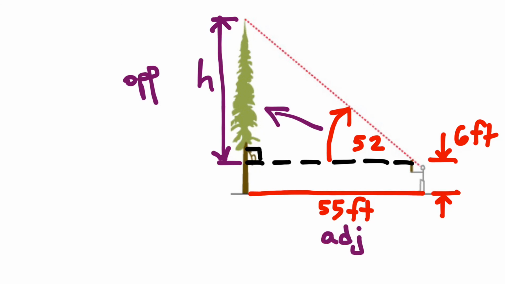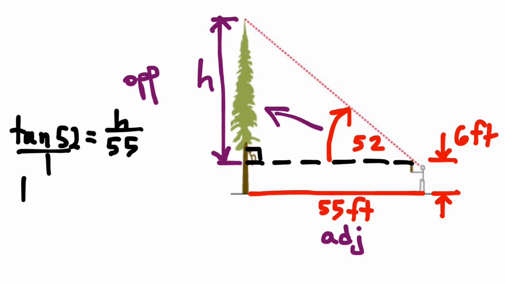That dotted black line is 55 feet long. So that's tangent: the tangent of 52 degrees is equal to my opposite side over my adjacent side, which is 55.